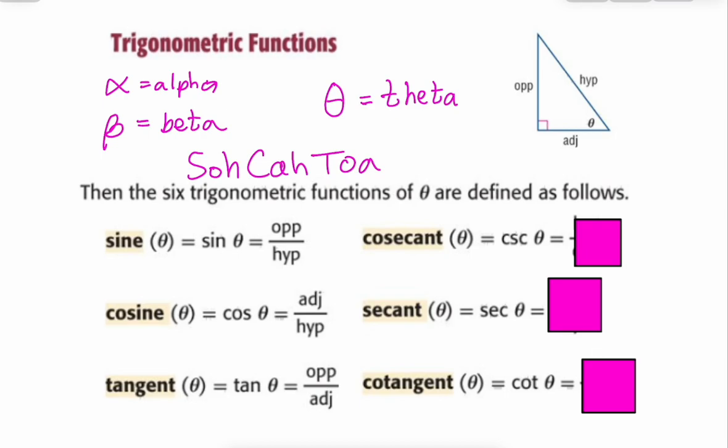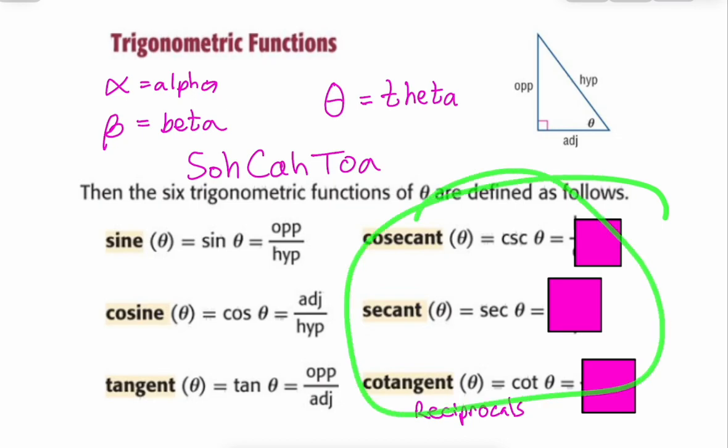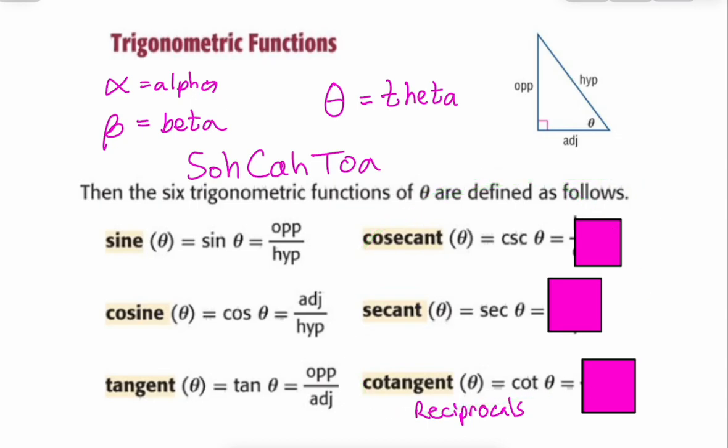Now, you need to memorize the fact that these are the reciprocals. These three here are our reciprocals. A reciprocal is the flip of the thing that we are talking about. CSC is the abbreviation for cosecant.